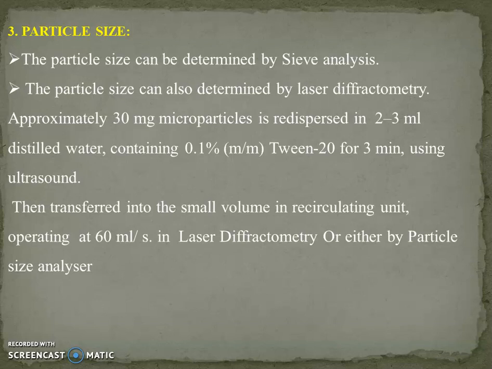Another method is laser diffractometry. In this method, approximately 30 milligram of microparticles is redispersed in 2 to 3 ml of distilled water which consists of 0.1% Tween 20, and it should be treated using ultrasound, then transferred in small volume into a recirculating unit operating at 60 ml per second in the laser diffractometer or a particle size analyzer.